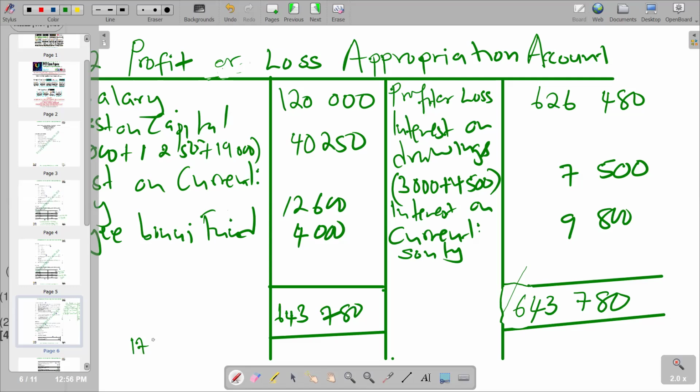You can put them both on the debit, and then you say 12,600 minus 9,800, then you put the difference here. If the bigger interest is on the credit, we can put them together on the credit by taking the bigger one minus this one, and then you put the difference here, and then you remove this one on the debit. But you can as well make it simpler by just posting one by one.